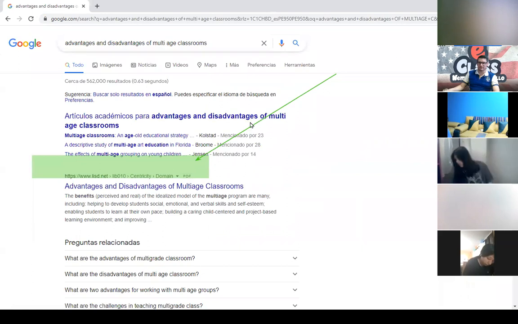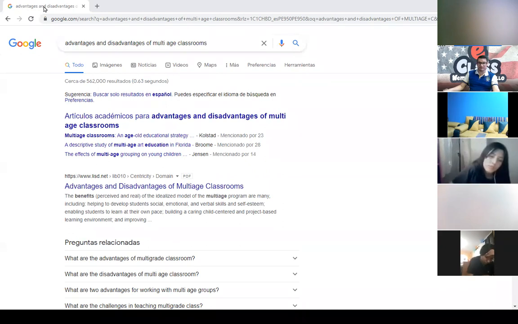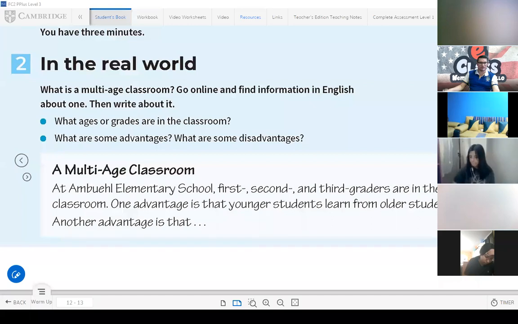Advantages and disadvantages, ¿ya? Pero trata de buscar páginas en inglés, no en Spanish. Because you have to tell me in English. Tienes que decirme tus answers in English. Quiero que me digas al menos un advantage y una disadvantage about multi-age classroom.